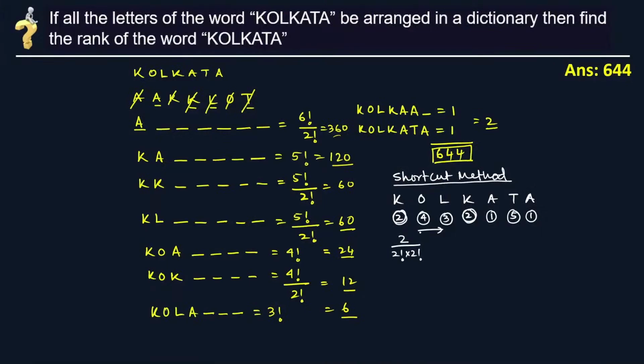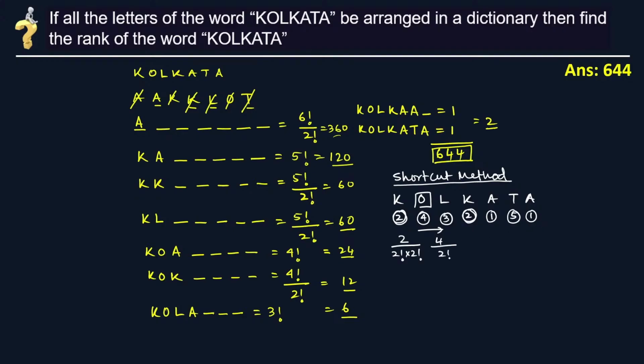Then for the alphabet O, the number assigned to it is 4. How many numbers are there in the right hand side which are less than 4? We are having 4 such numbers. One is 3, 2, 1 and 1. So it will be 4 divided by only 2 ones are there, right?